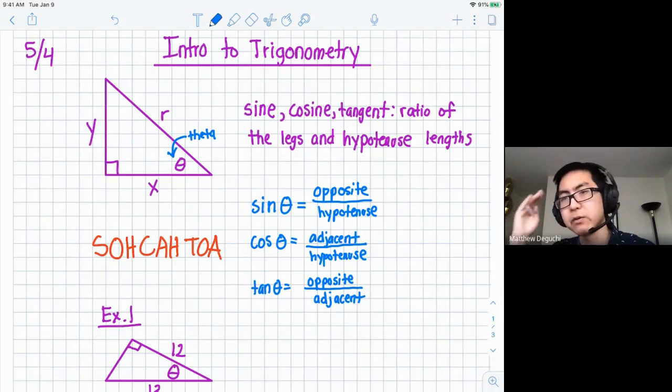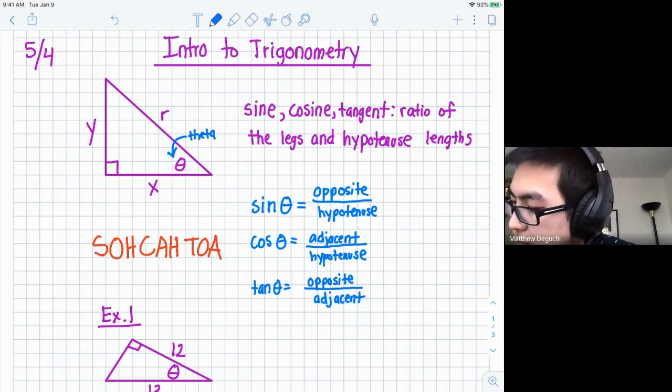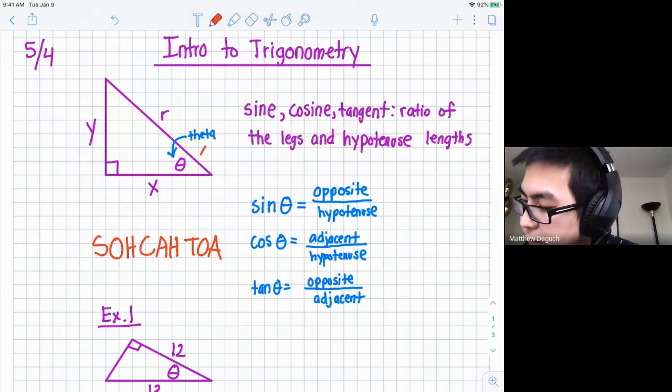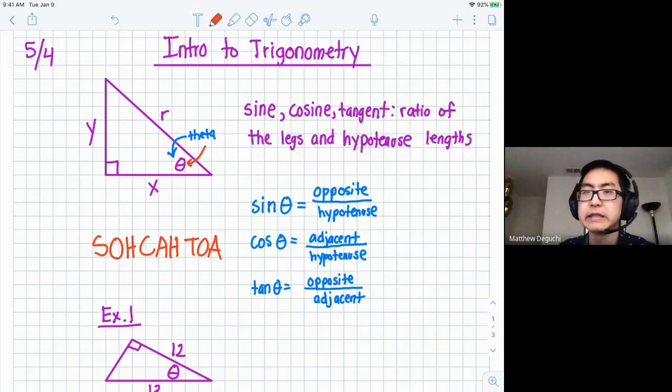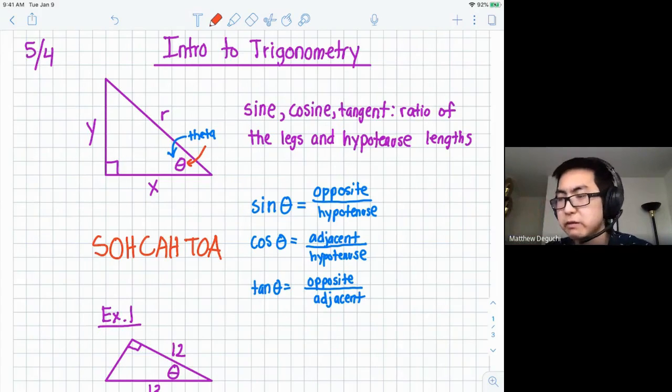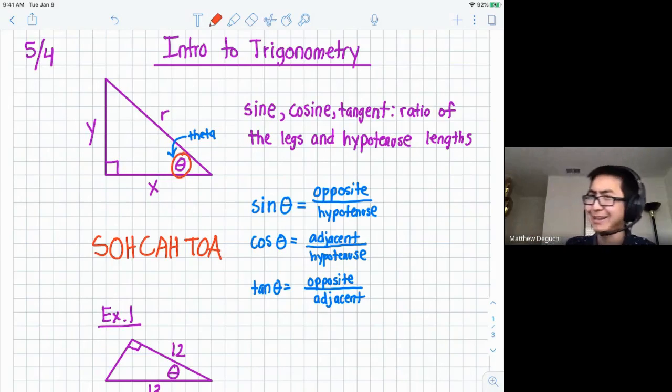Whenever you see theta and you have a trig, you have to think of the perspective of that angle measurement. Now, remember, sine is opposite over hypotenuse, but you have to be in the perspective of the angle measurement.